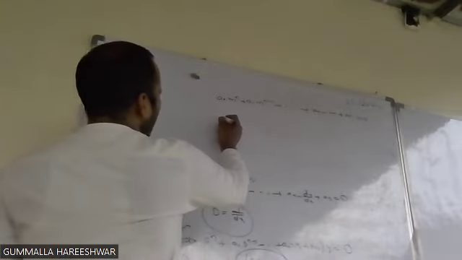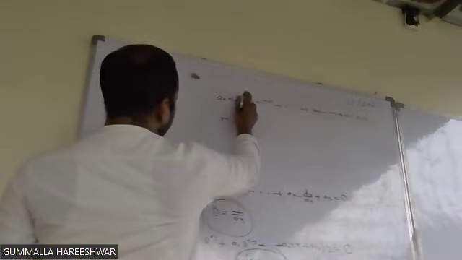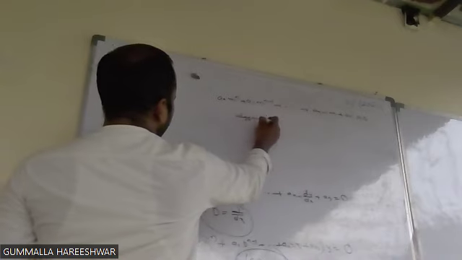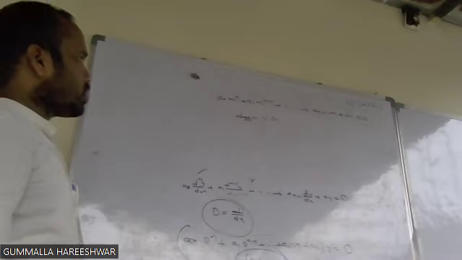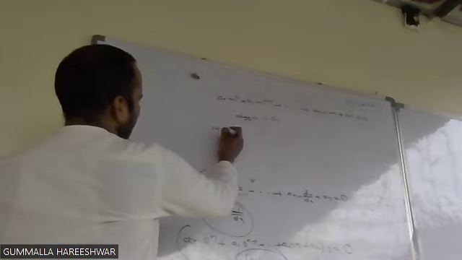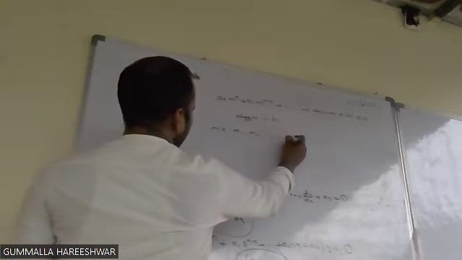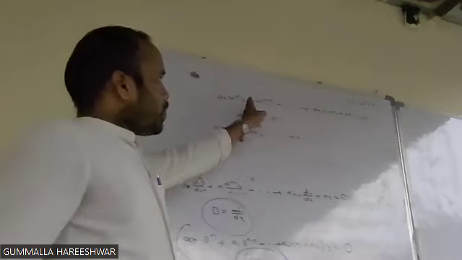How many roots do we get here? n roots, because the degree is n. We get n roots for the equation, m is equal to m1, m2, and so on.